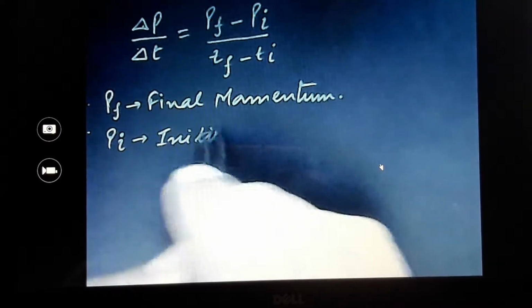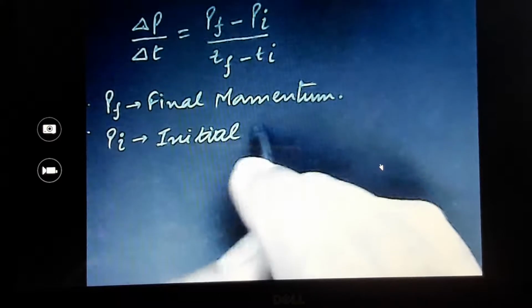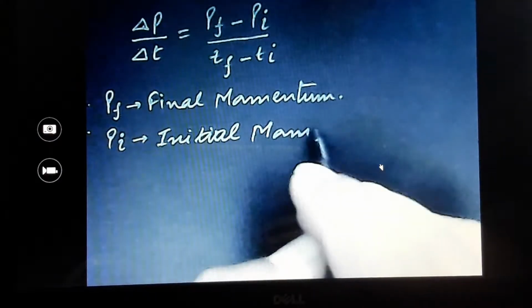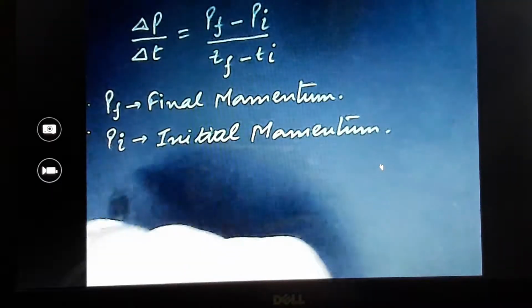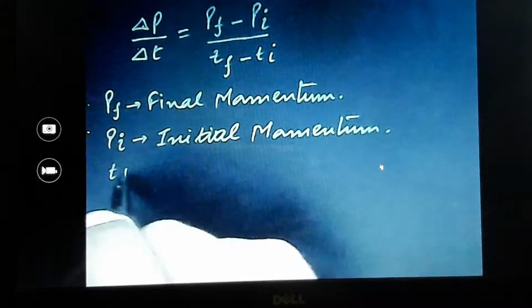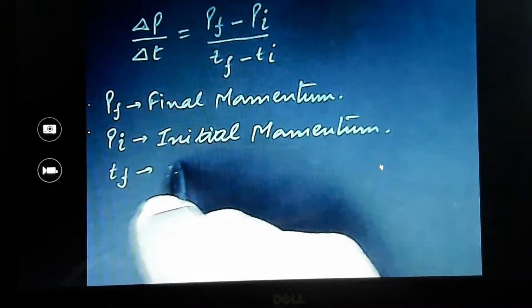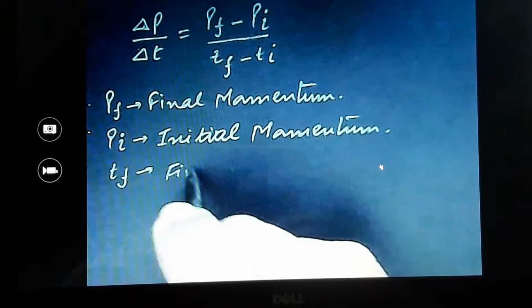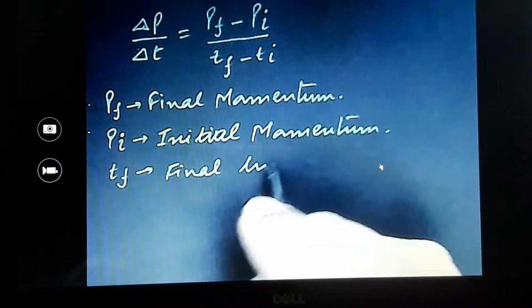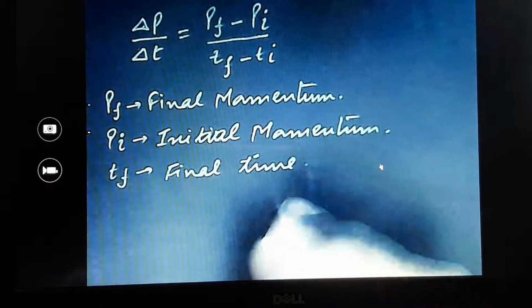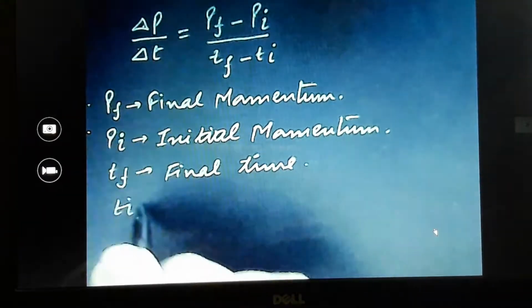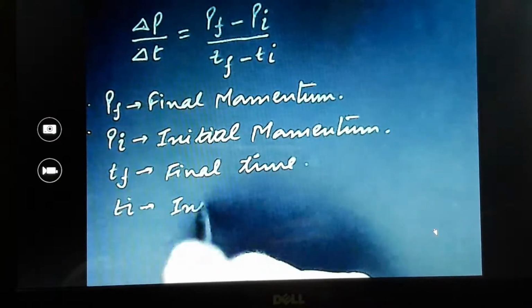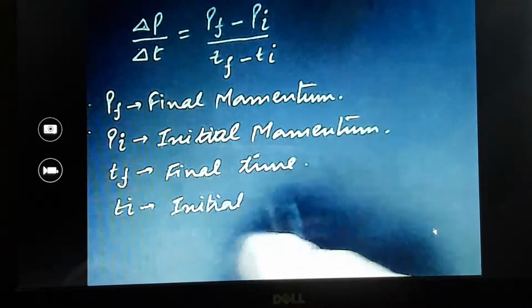You don't need to write this in your exam, because I'm just trying to explain it to you in simpler wording. Similarly, t final is final time, right? And t initial is initial time.